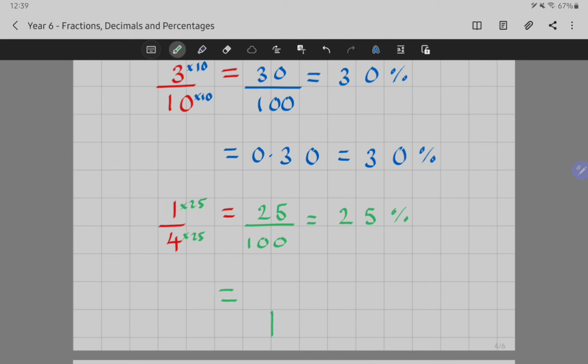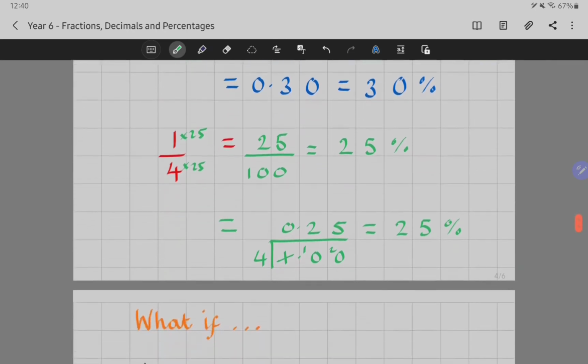You might have thought to yourself, well, if I divide 1 by 4, I end up with 0.25. Okay, and I know that that is also equal to 25%. Again, you notice it doesn't matter which way around you do it, my answer is always the same, because they're all related, they're all the same.